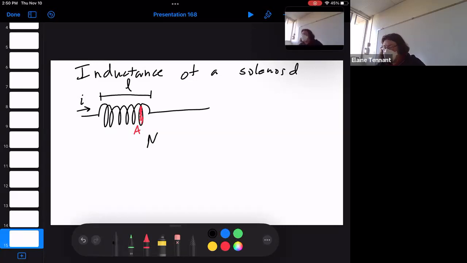Right? We did that like 2 chapters ago, where we figured out the magnetic field of a solenoid. And I don't know if you remember or not, but it was mu naught n I. And I don't suppose you remember what that lowercase n stood for. Say again?